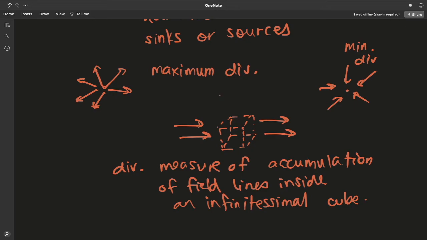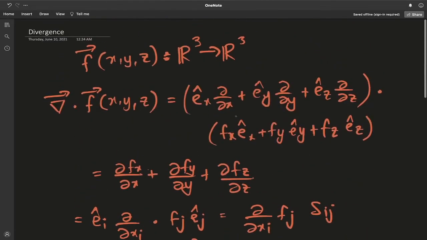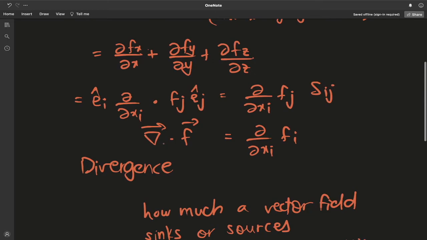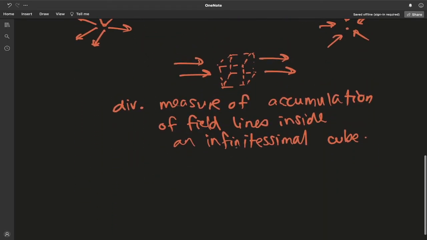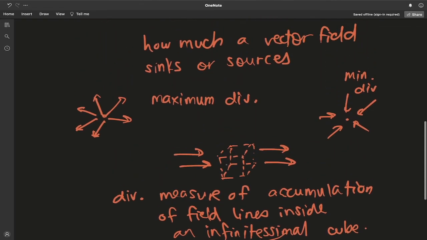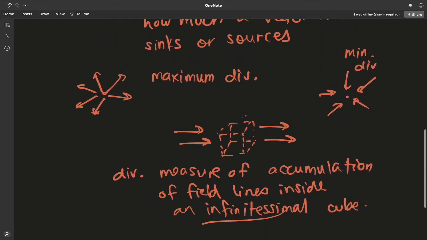When I say infinitesimal, this guy is really small, like dx, dy, dz lengths. And this makes sense because we're dealing with derivatives here, so everything needs to be a differential size or an infinitesimal amount. And why we chose a cube, and why we're calculating the field lines cutting through the surface, will be revealed once we do Gauss's theorem.